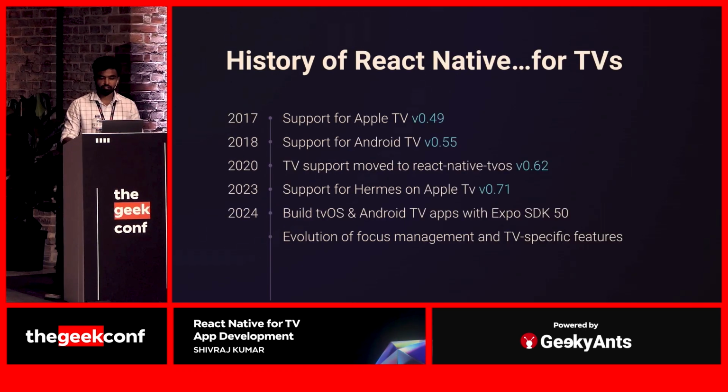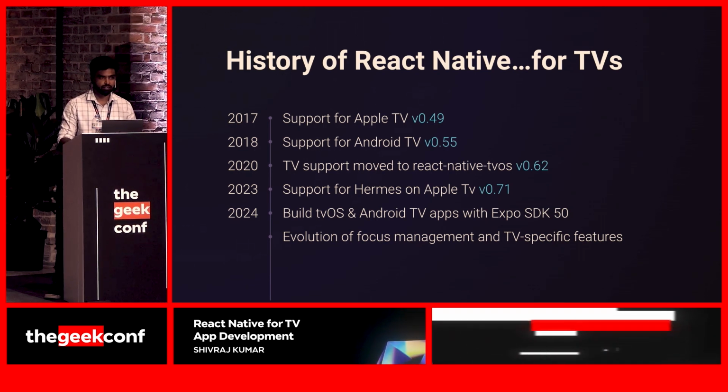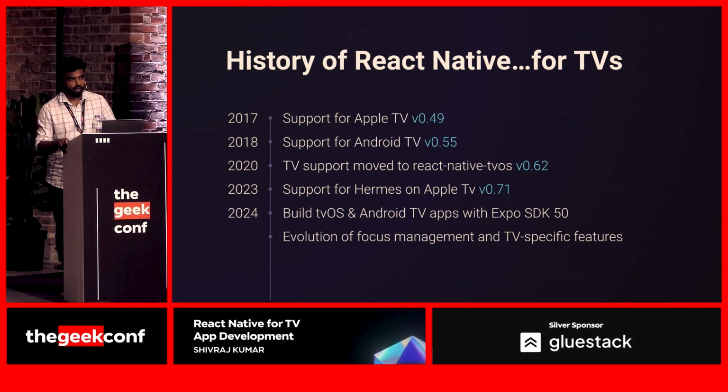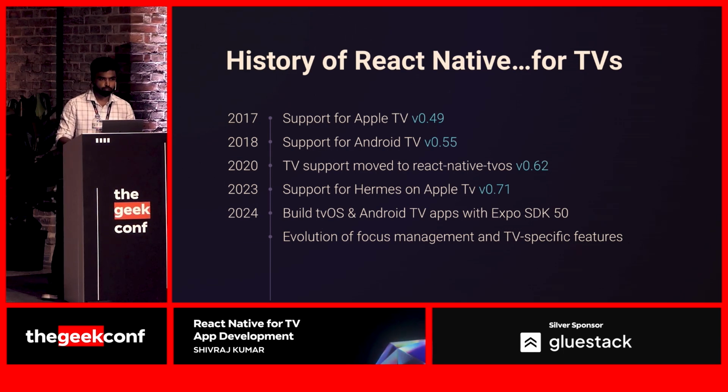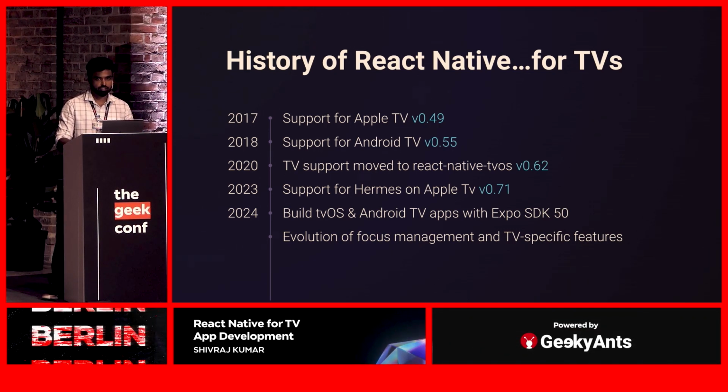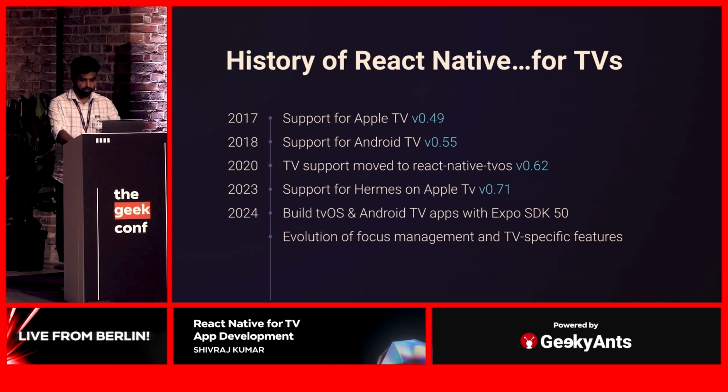React Native's journey for TV apps has been an interesting one. It all began in 2017 when Apple TV support came to React Native with version 0.49. The following year, in 2018, Android TV support also came in. The bigger change came in 2020 when React Native's TV support was moved out and created as the React Native tvOS library.